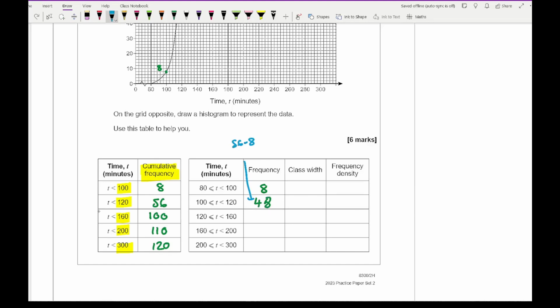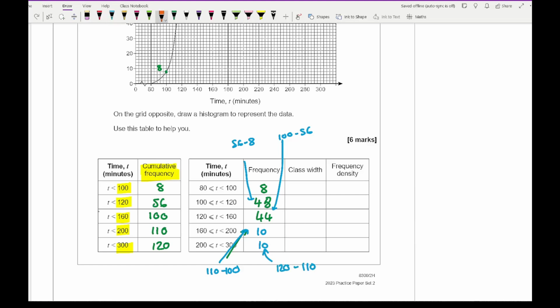For the next one, I'm going to do 100 take away 56, which is 44. For this value here, I'm going to do 110 take away 100, which is 10. And for this box here, I'm going to do 120 take away 110, which is 10.